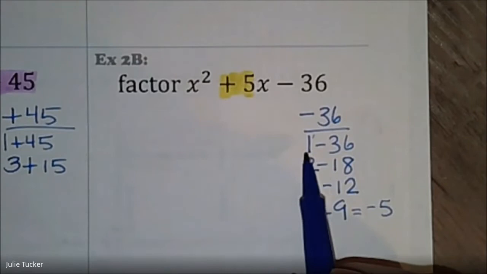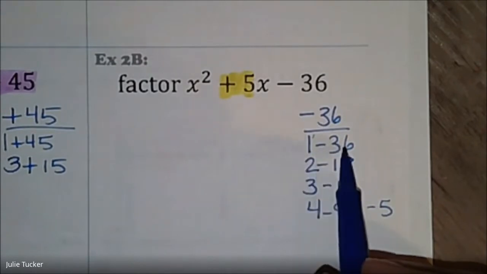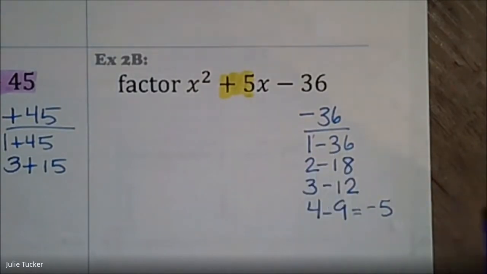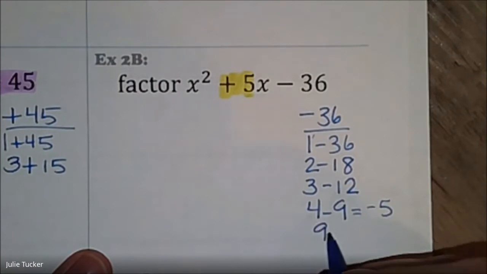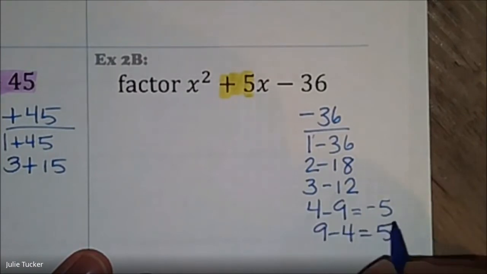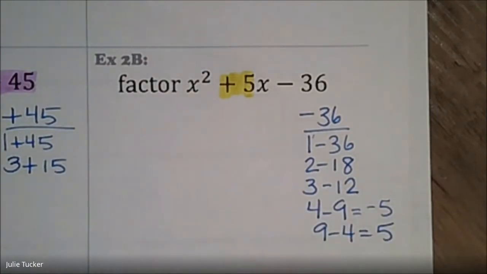Because this first number is the small number and this number is the bigger number. So if I want to turn this into +5 instead of -5, I could just switch the order and I can make it 9 minus 4 instead of 4 minus 9. And then that will be +5 instead of -5.